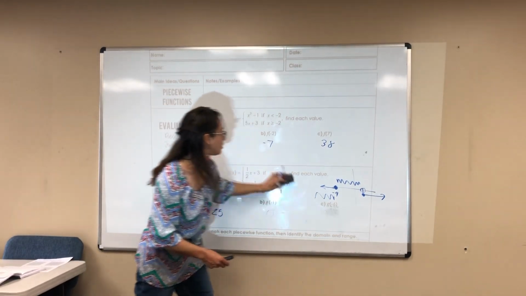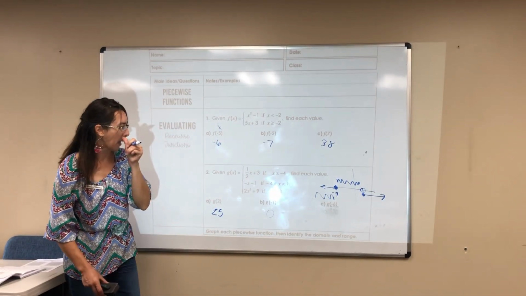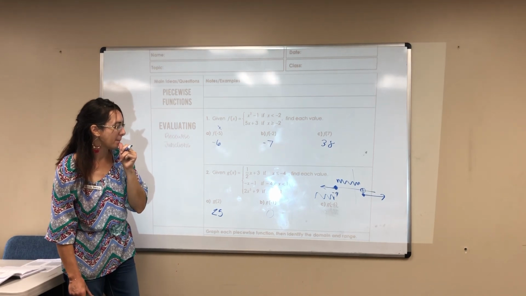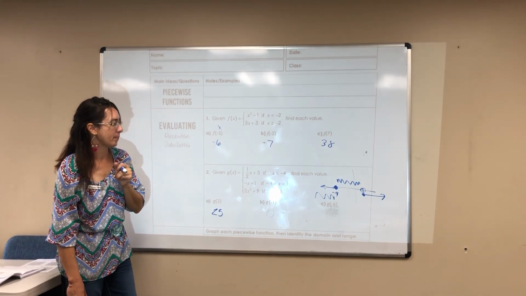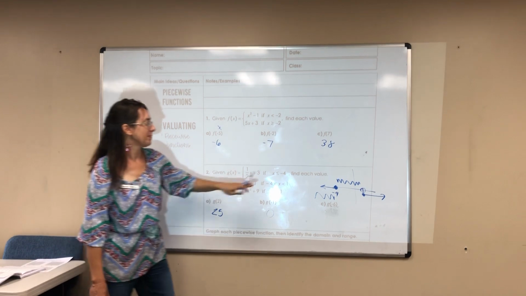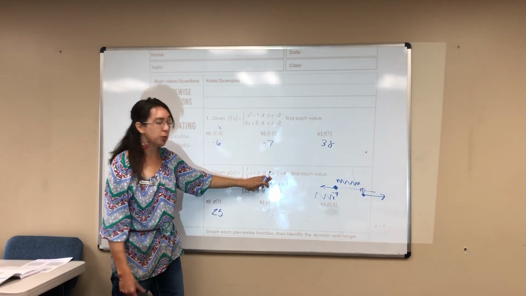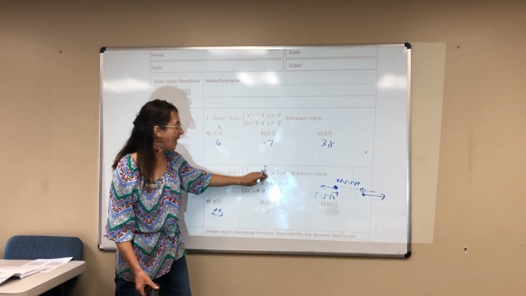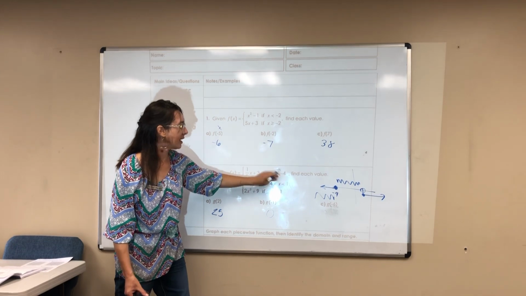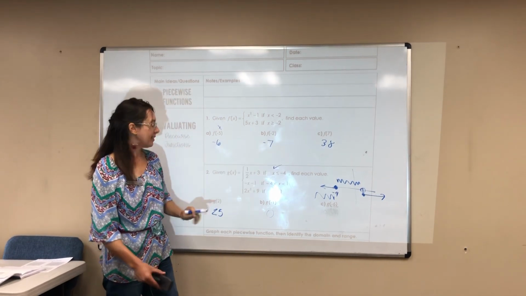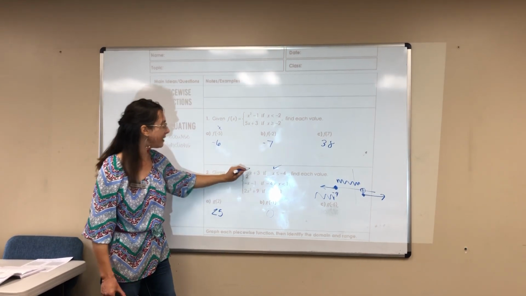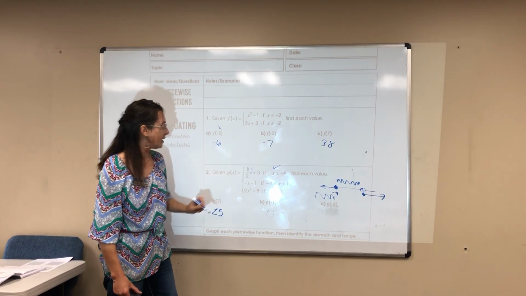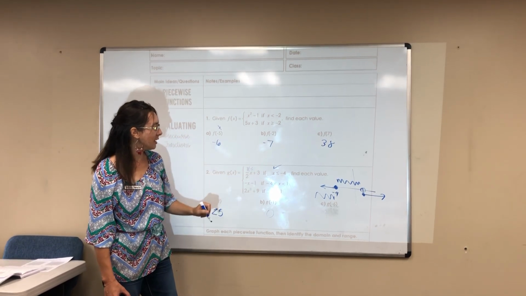Negative 6. Where does negative 6 lie? That would be the first, because it's less than negative 4. Negative 6 is less than or equal to negative 4. Yes, there's our answer. So we would plug in negative 6. It'd be negative 3, so I had negative 3 plus 3. 0 again.